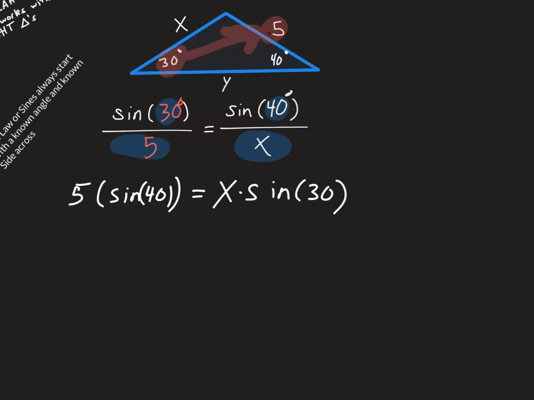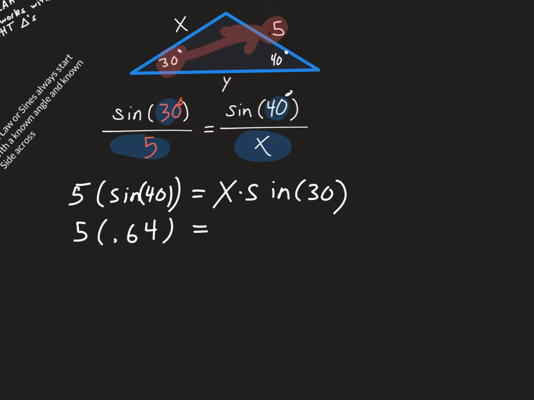From here, I'm going to grab my calculator. The sine of 40, I definitely don't know what that is off the top of my head, so I'm going to plug that in. My calculator tells me that the sine of 40 is about 0.64 if I round to 2 decimal places. And then the sine of 30, that one's nice.